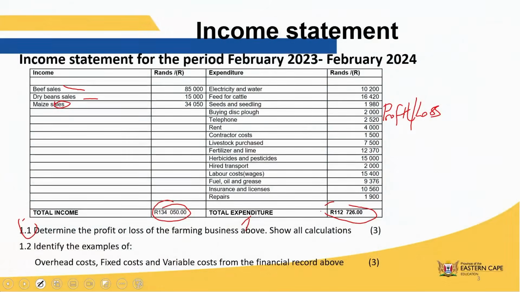Show all calculations. When we are determining the profit or loss, we have a formula that we use. The formula is profit or loss is equal to total income minus total expenditure. You need to write it in full. So we have the total income in this income statement.